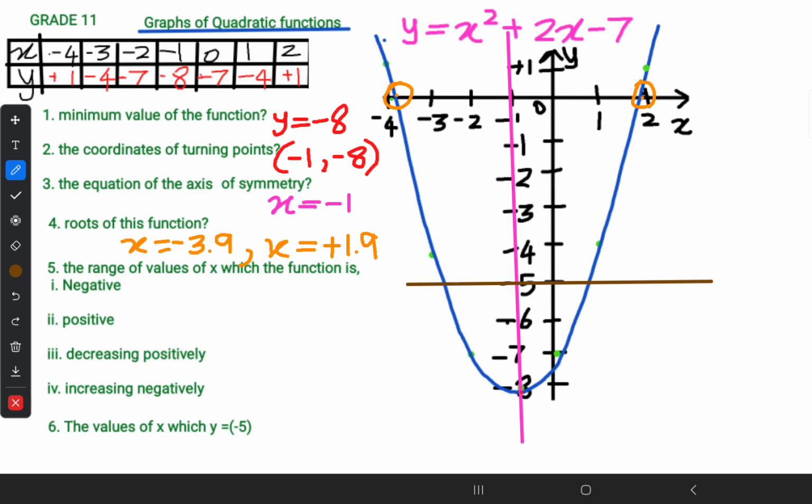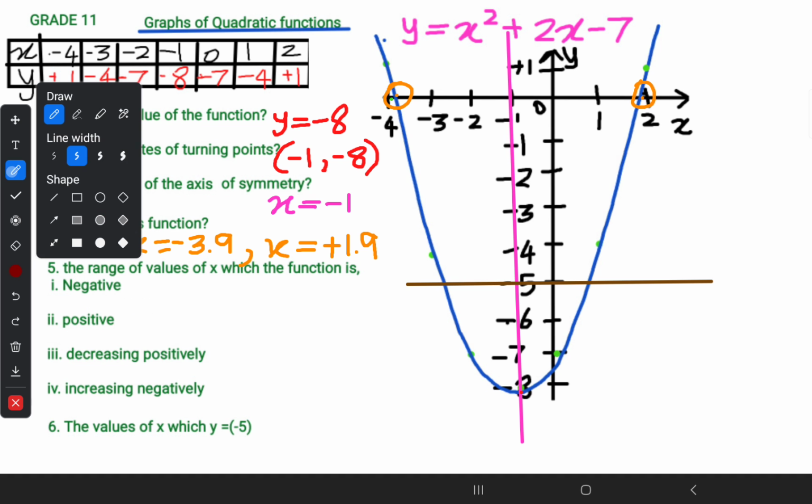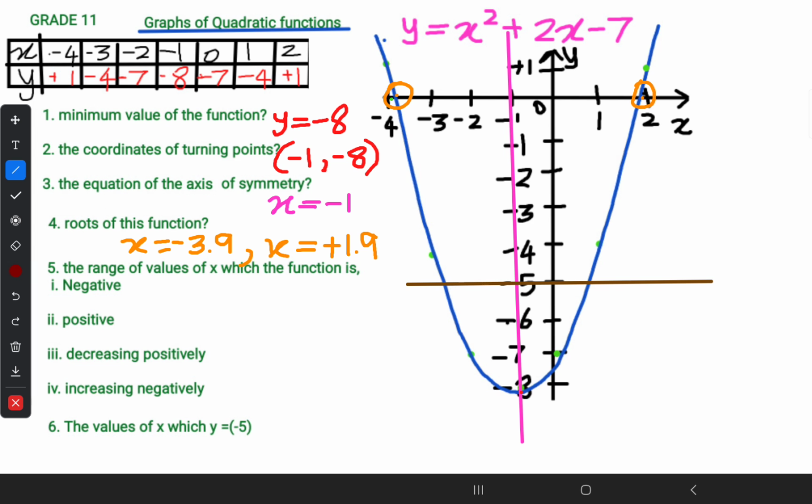That will intersect with this graph at 2 points. You have to find their corresponding x coordinates. That would be the answer for our question.